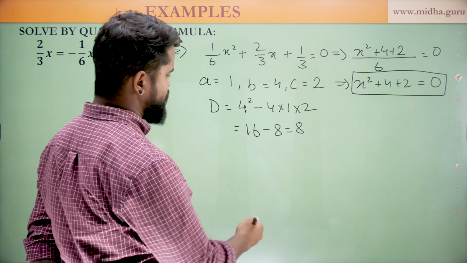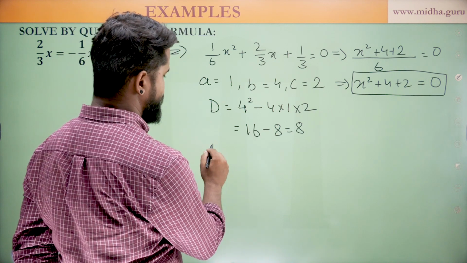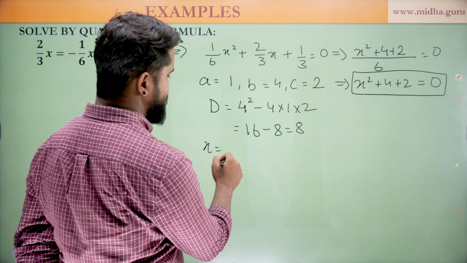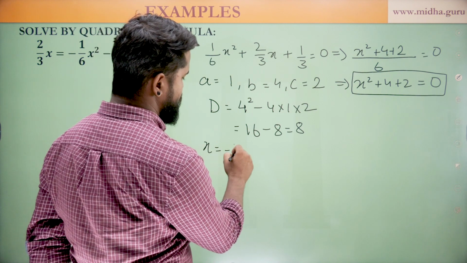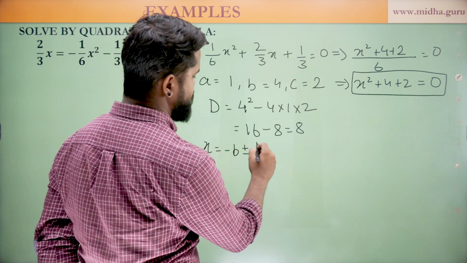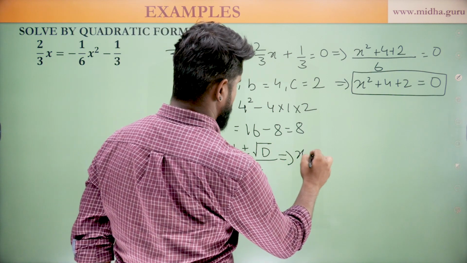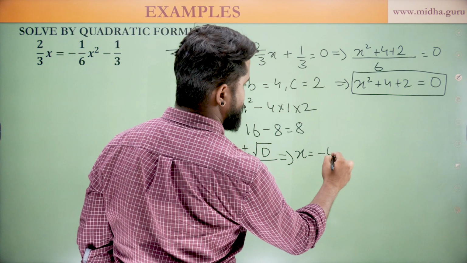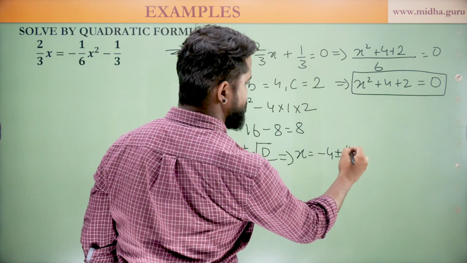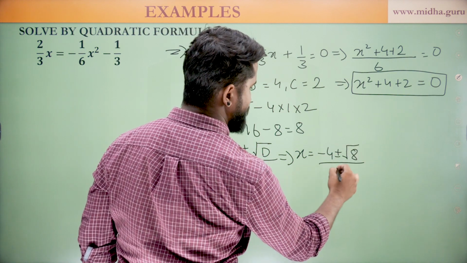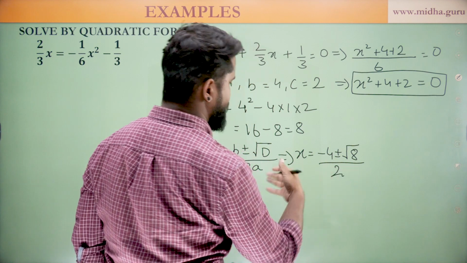Now from here I am going to solve with the quadratic formula, that is x is equal to minus b plus or minus root over d by 2a. So x is equal to minus of b, which is minus 4, plus or minus the root of 8 divided by 2, as a is just 1.